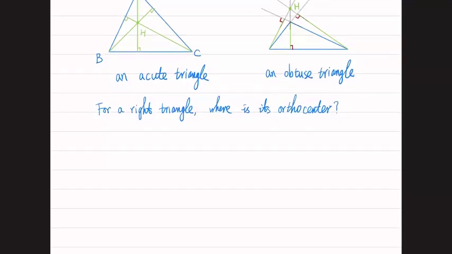Okay, think about this. How to find the orthocenter of a right triangle?